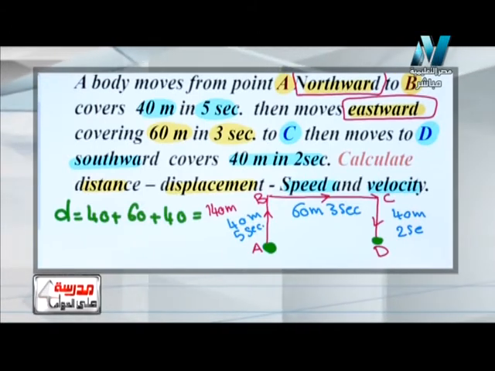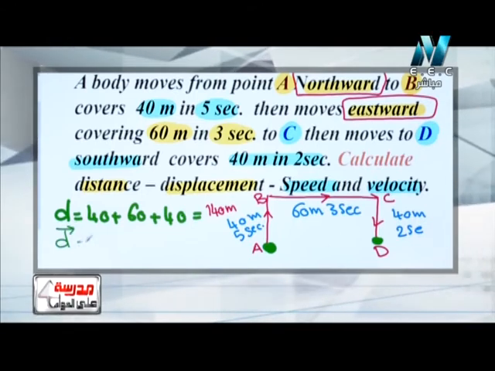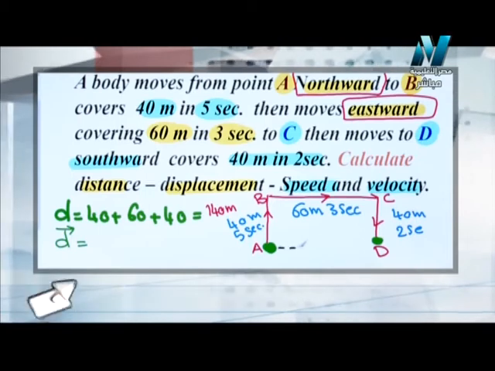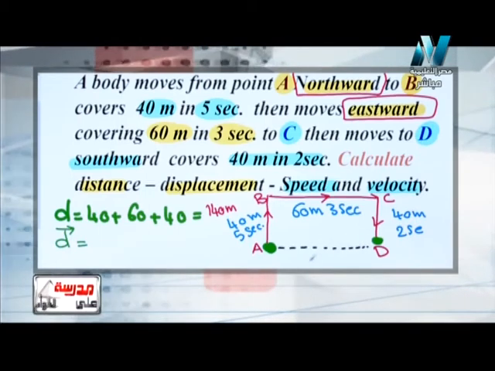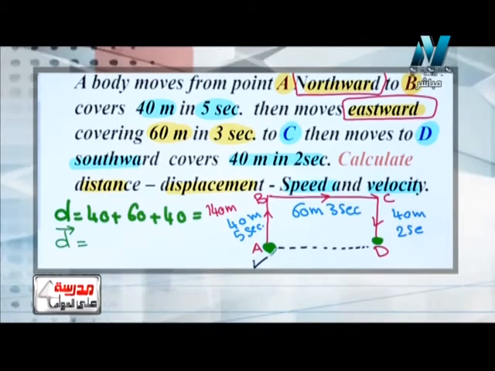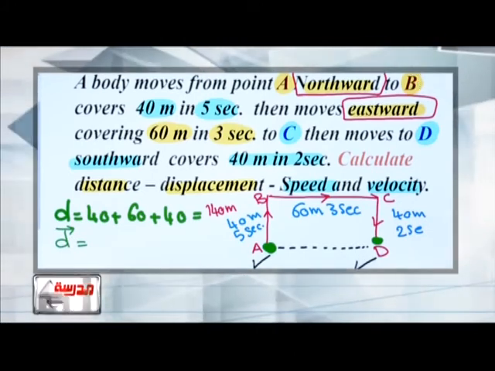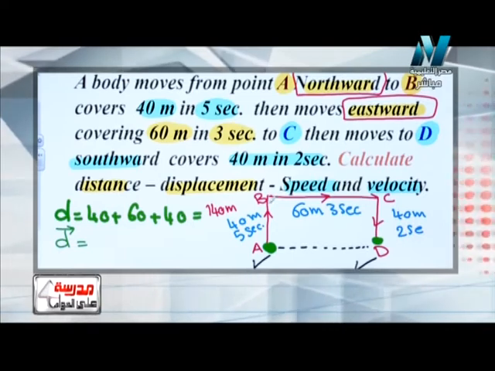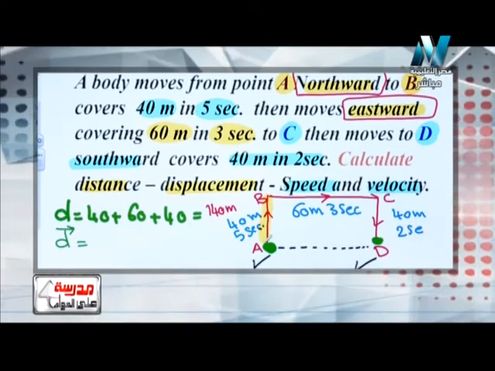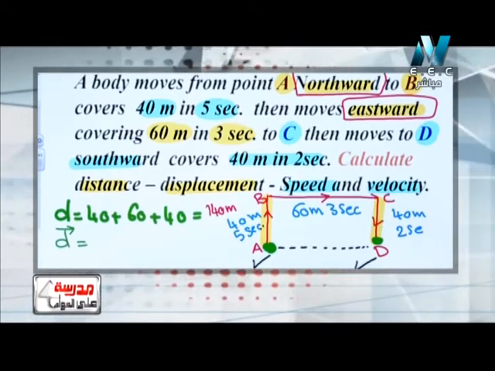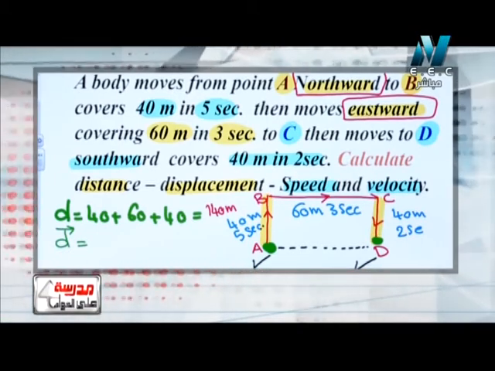At the same time, we need to calculate displacement. Displacement is the shortest straight line between the starting point and the ending point. So the starting point is A and the ending point is D. But here we have 2 sides that are parallel and equal, AB equals 40 and DC equals 40 meters.